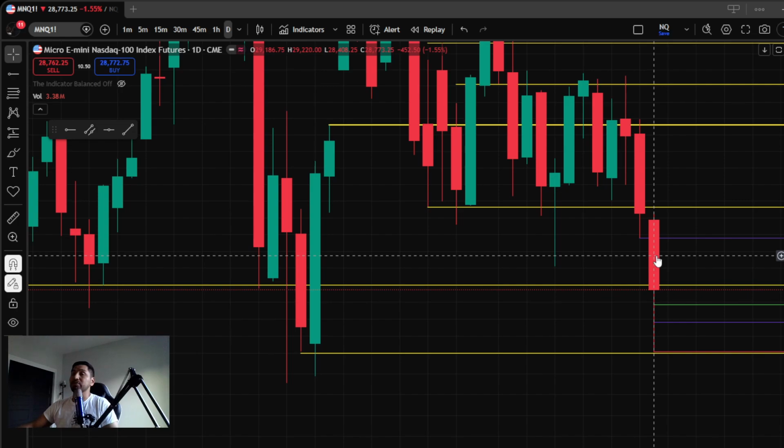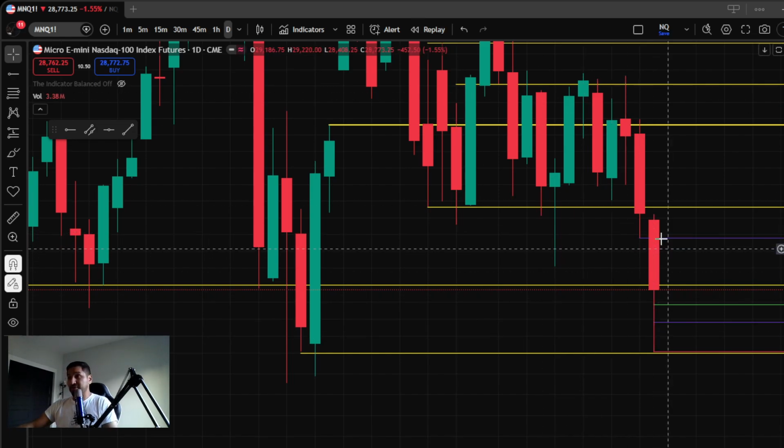The high of this candle was 29,220. The low of the candle was 28,773. So let's just say 800 for round numbers. So what's that? 400 point drop? 28,400, sorry. So that's an 800 point move on this daily candle.